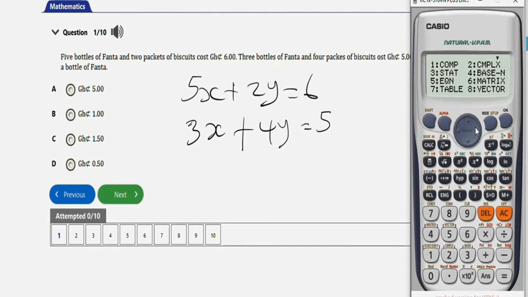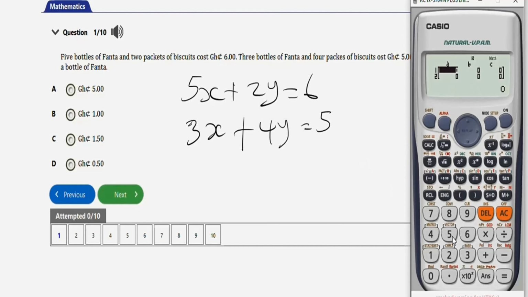So let's go to equation solver, press 5. When you get here, option 1 is for simultaneous equation involving 2 variables x and y, and option 2 is for simultaneous equation involving 3 variables. Since this involves 2 variables, go for 1. So let's input the values. The a variable is your x, the b variable is your y.